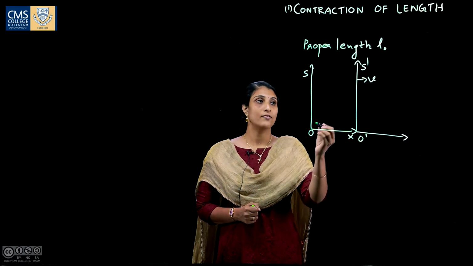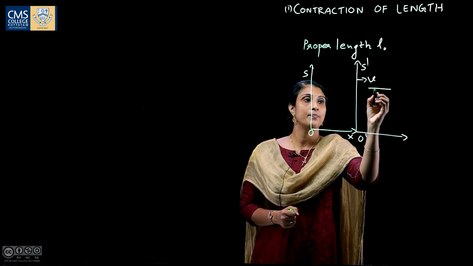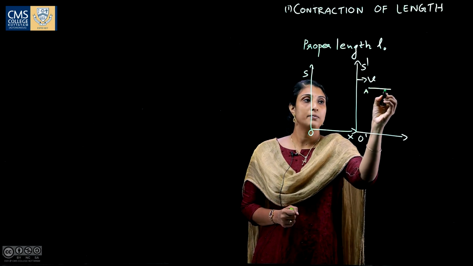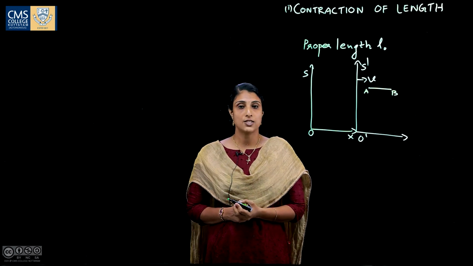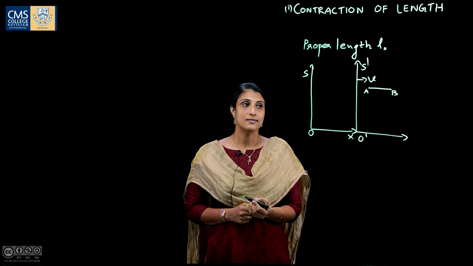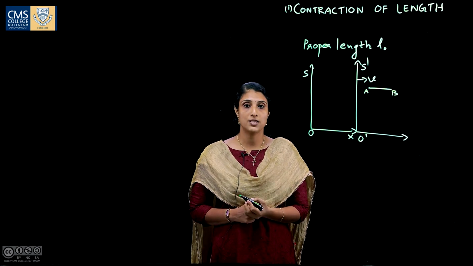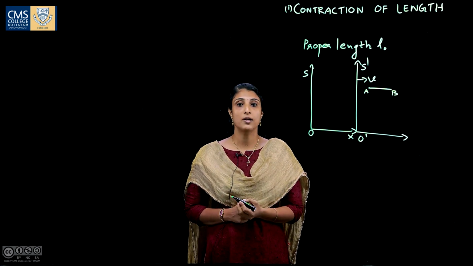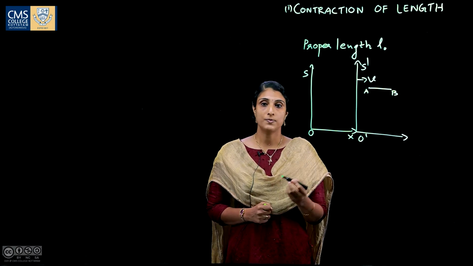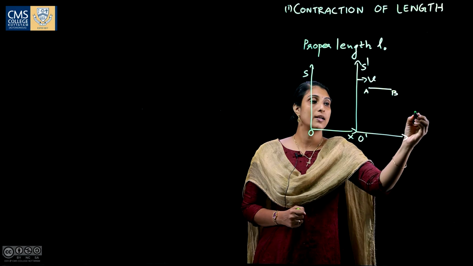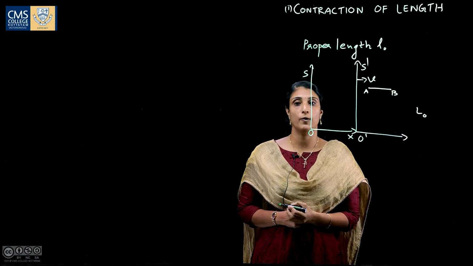Now consider we have a rod AB which is fixed in the S dash frame. Thus, for the observer O dash, the length of the rod measured is the proper length, denoted as L0.